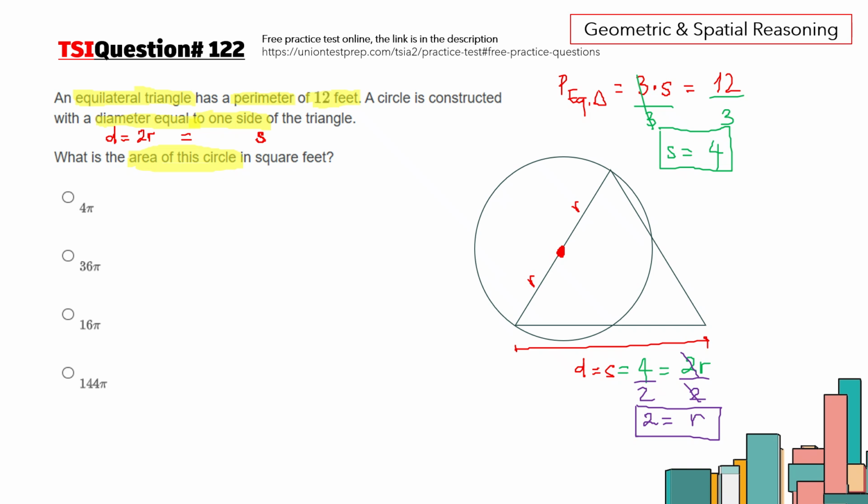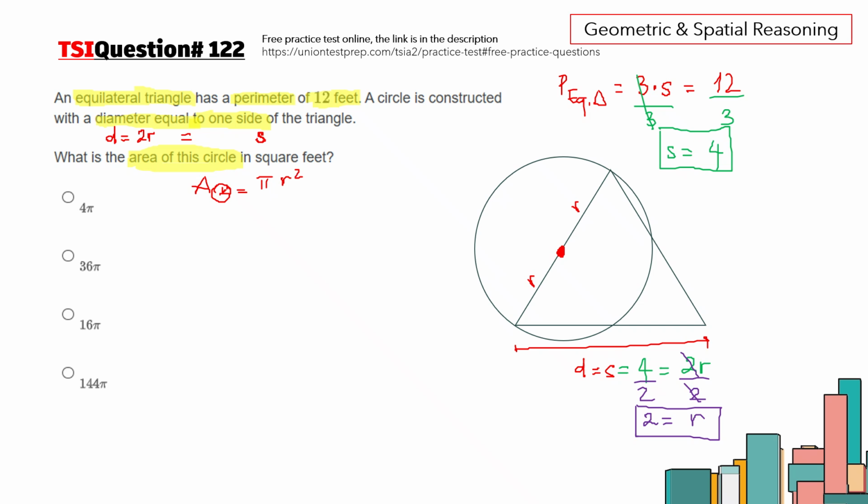Okay, so we have the formula for the area of the circle. The area of a circle with radius R equals pi R squared.